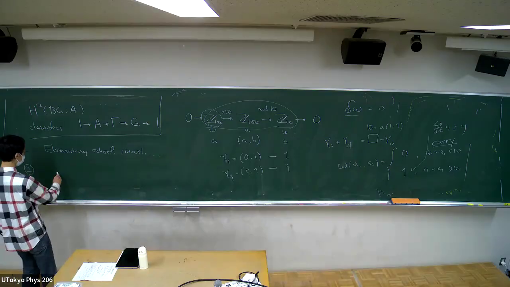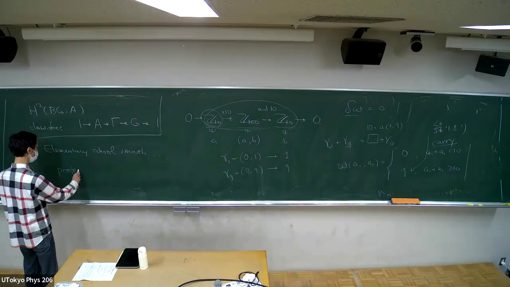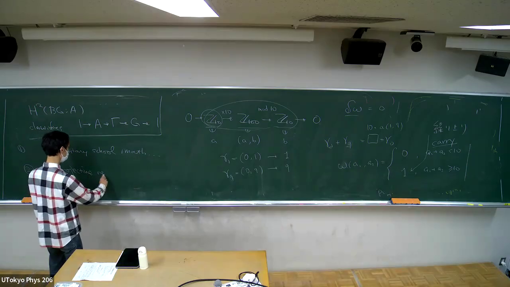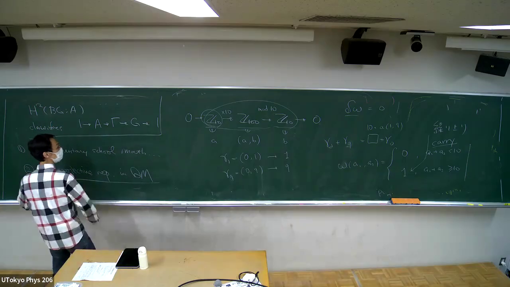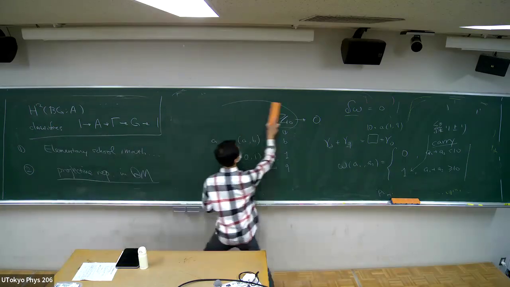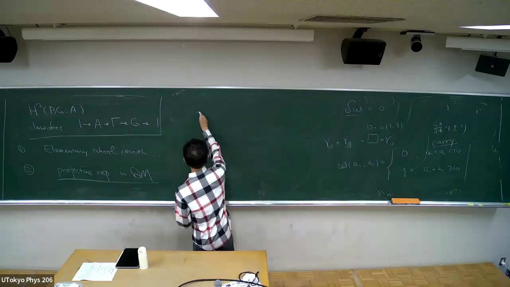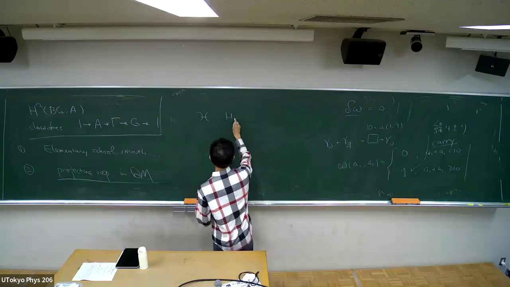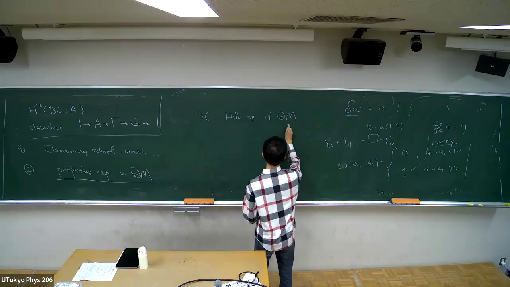Another example is the projective representation in quantum mechanics. So let's say H is the Hilbert space of some quantum mechanical system.